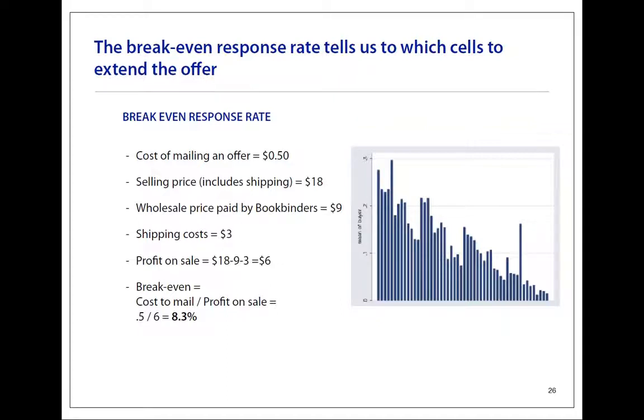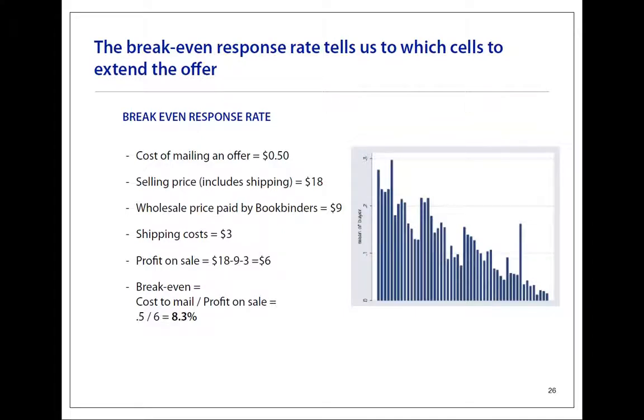For this case, the cost of communicating with that customer is $0.50. If the customer made the purchase, the price will be $18, the wholesale price of selling this book will be $9, and the shipping cost is $3.